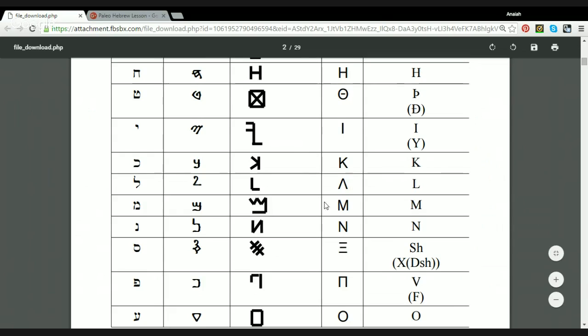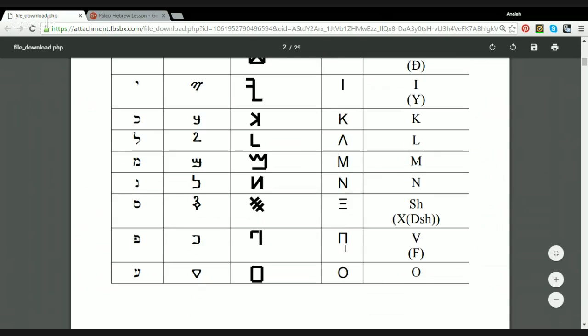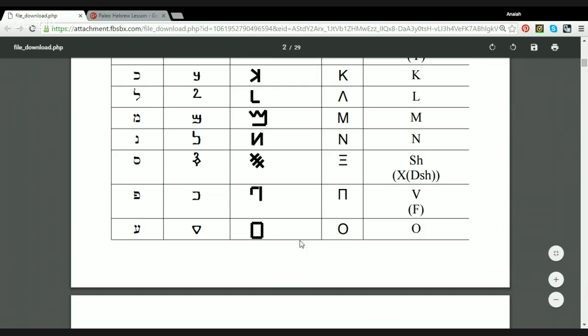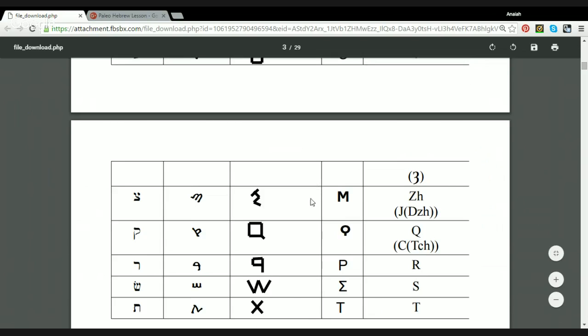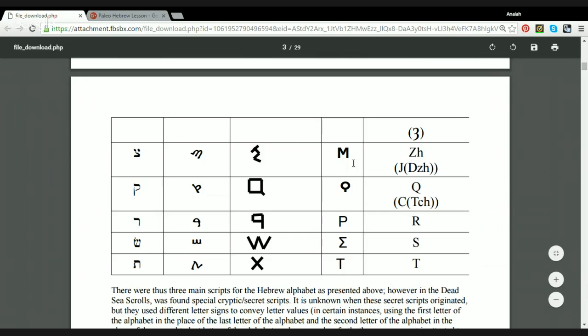So you've got the mem, the nun, samek, and that's the Greek. It's like a C in Greek. This is pe. This is pi. Omicron, or this is ayin. Sadi. This is san. It's a Greek letter that used to be there, but they stopped using it. This is kof. This is also like kaf or something in Greek.